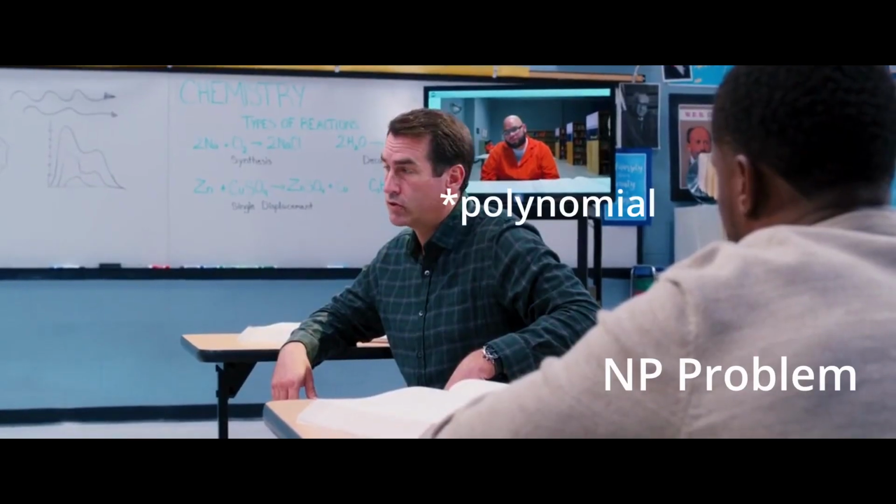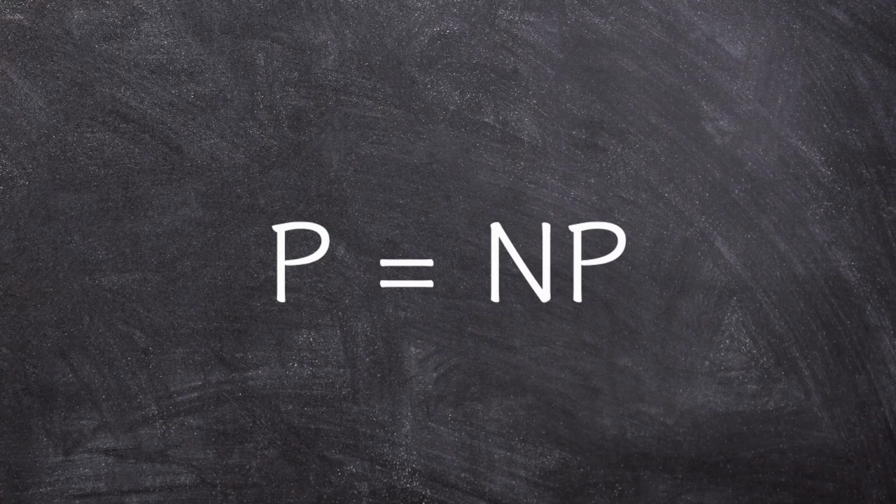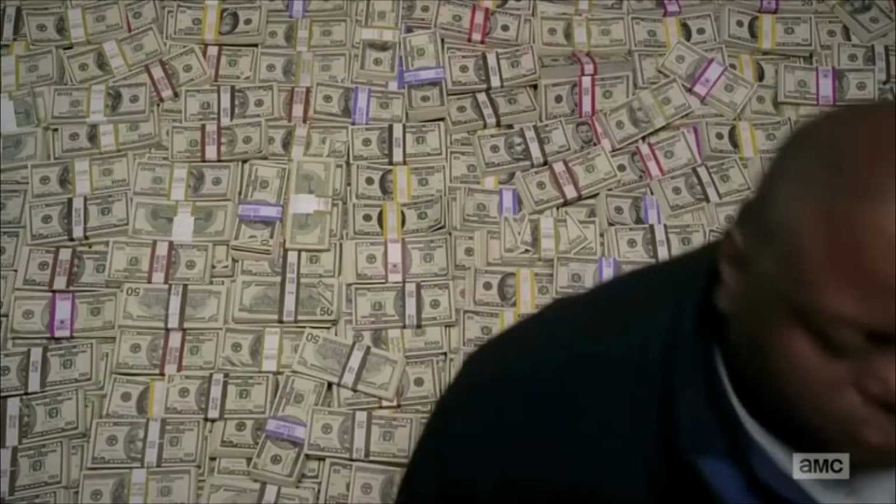Because of this, a question arose: do all NP algorithms have a possible P complexity solution? In other words, does P equal NP? Since there is no proof that P is equal to NP or P is not equal to NP, whoever finds the proof of any one of these problems will receive a $1 million prize.